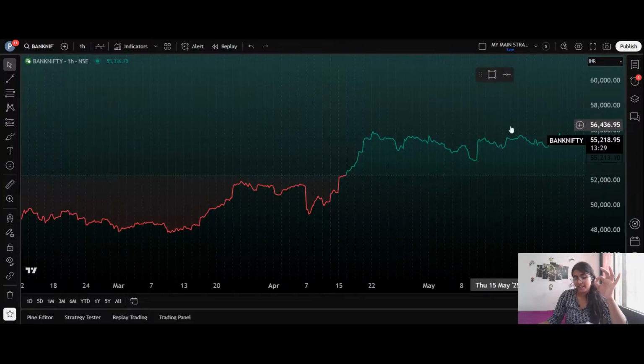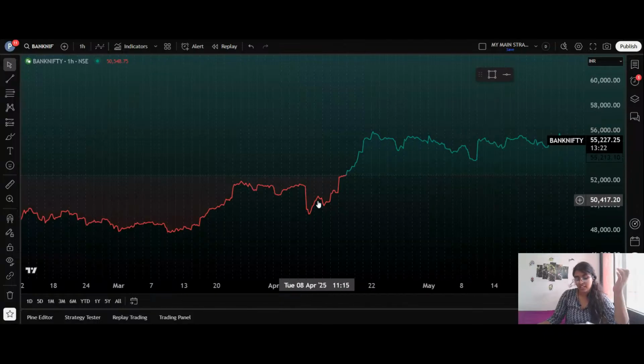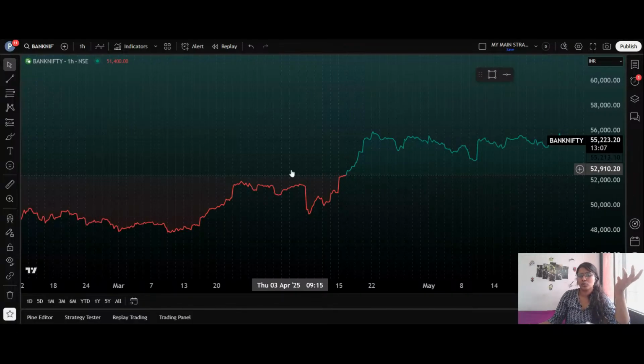The price above the baseline, the candle area above, is shown in one color, and the prices below the baseline are shown in another. Above this baseline, the candle is green, and below this baseline, the candle is red. So this is the baseline chart area where you decide a baseline. Suppose you think, this is my baseline.